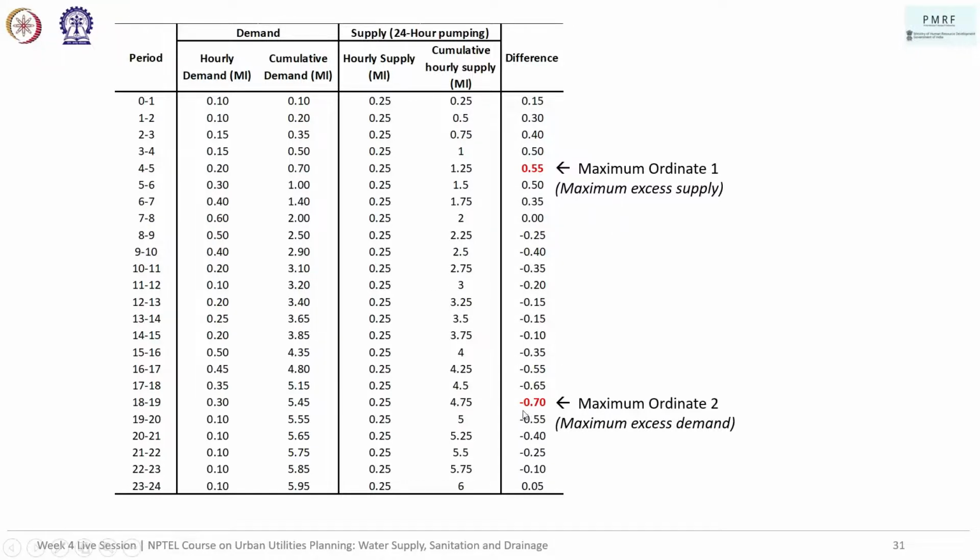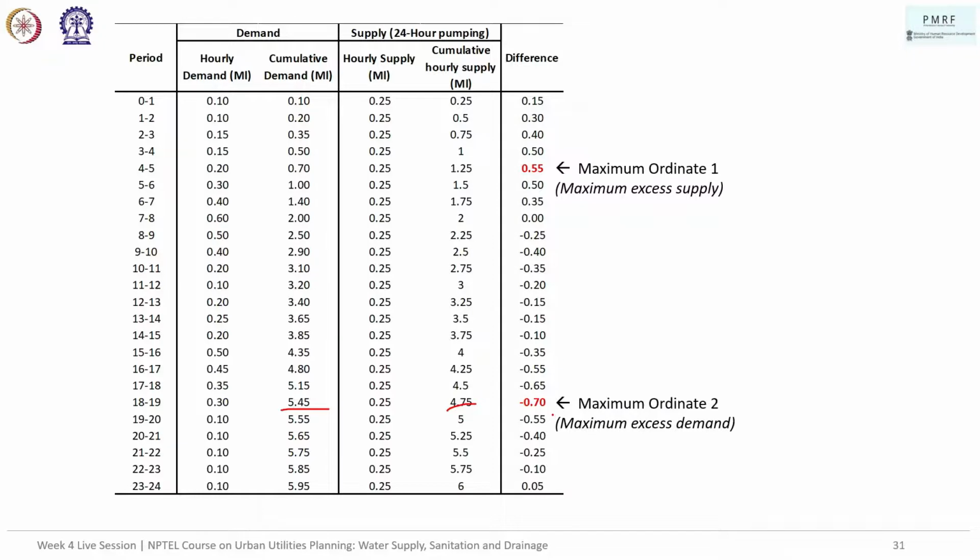The other value is the maximum excess demand. There will be one point where 0.7 million liters of water is required more than what is being supplied, right? So if you notice this 4.75 and 5.45, the city actually requires 0.7 million liters more water.